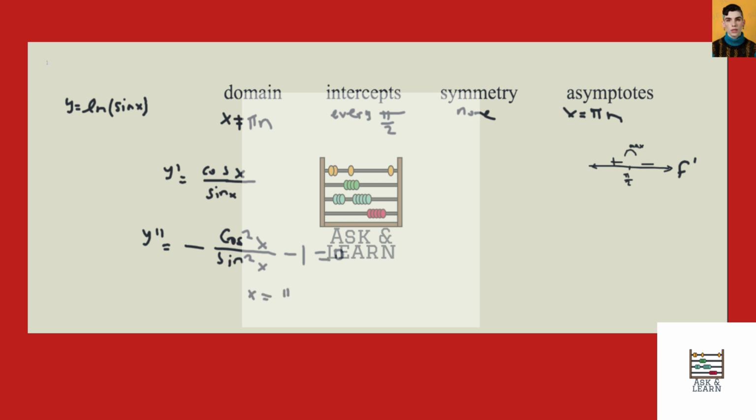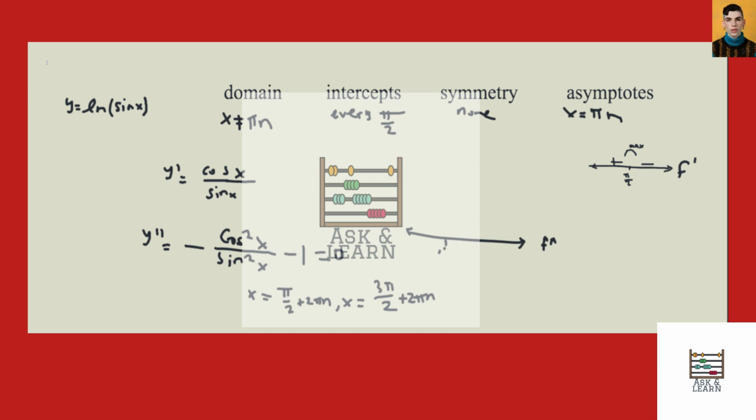So we see an x at every pi over 2 plus 2 pi n, and x at 3 pi over 2 plus 2 pi n. n is an integer. Okay, so this is for f double prime. F double prime, this is the concavity test.